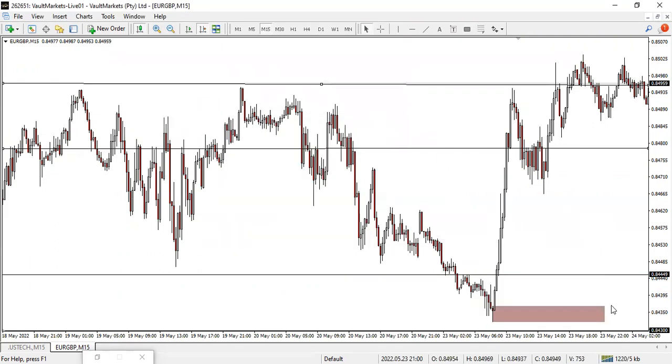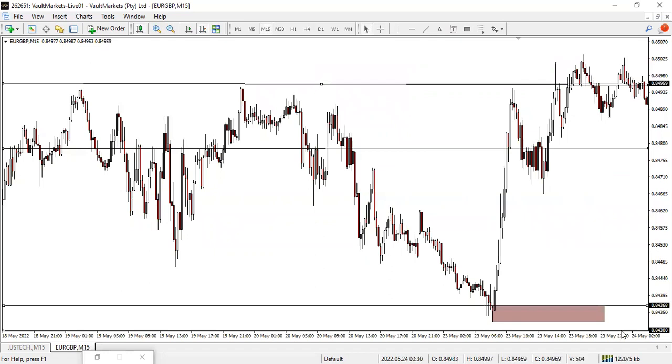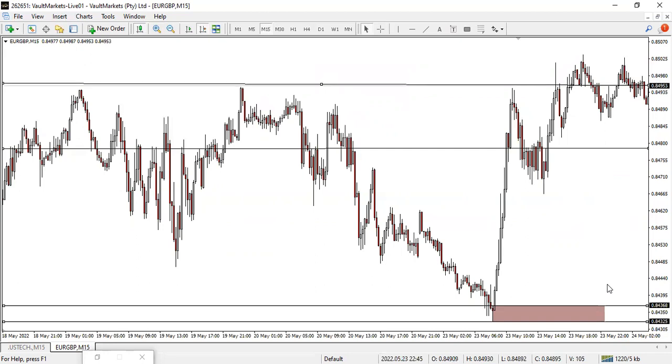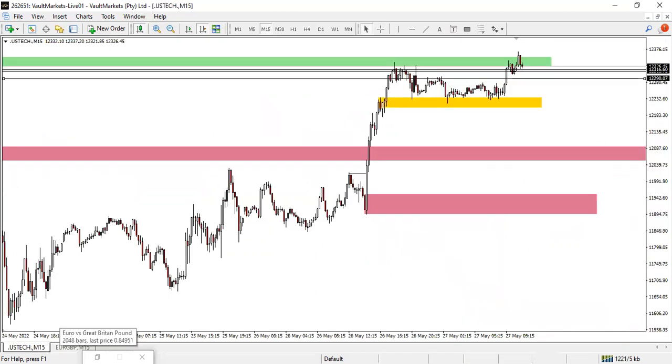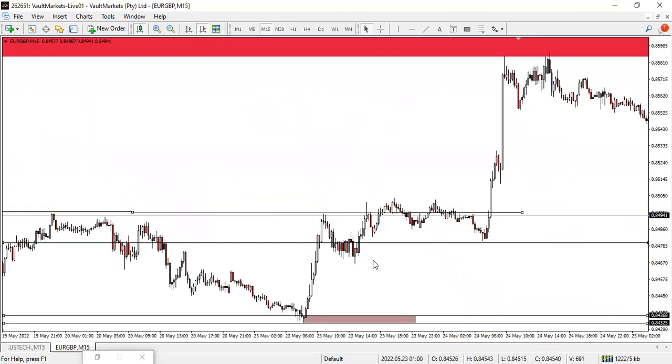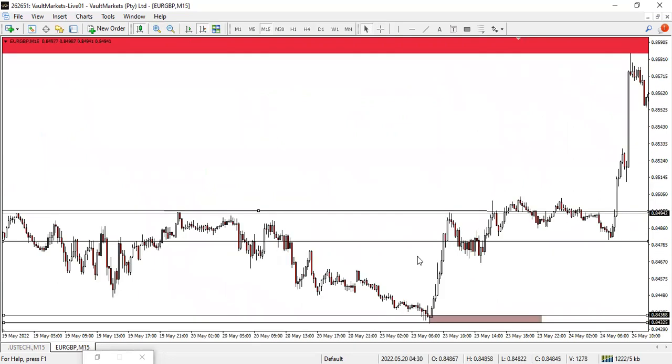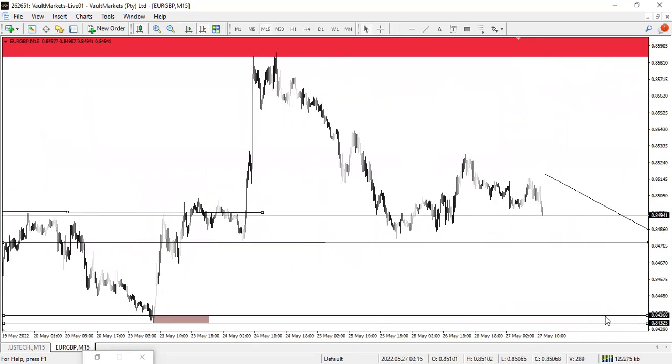So now we keep on dropping these points, and the stop loss just below 0.84368, and the stop loss just below 0.84325. That's where we expect an entry for a buy on EURGBP. So expect a drop to this, and then buy from there.